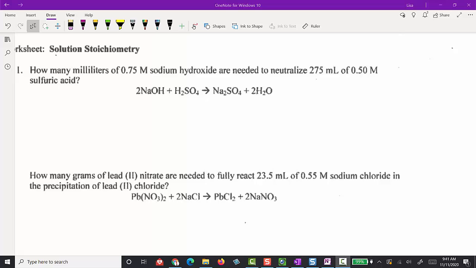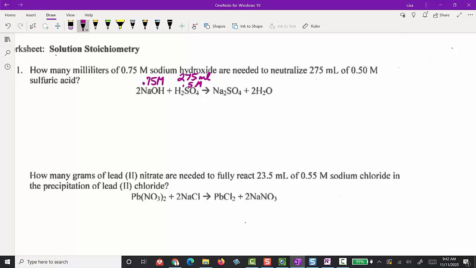All right, so it says I have 0.75 molarity of sodium hydroxide, and then I have 275 milliliters of 0.5 molarity.